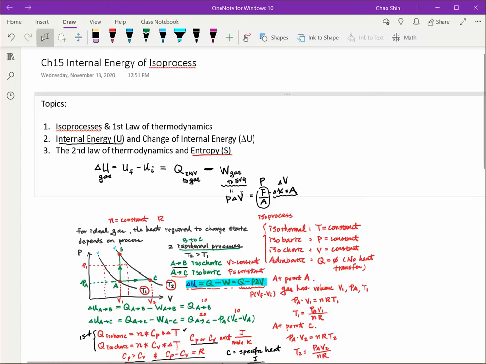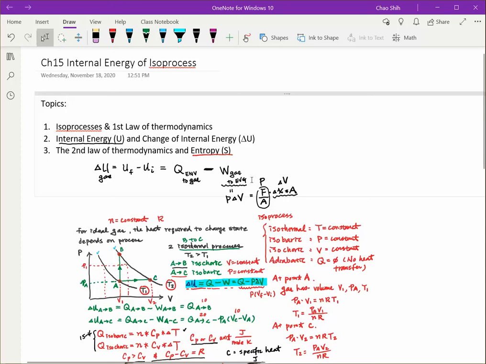Now the thing I want to emphasize before we actually do some examples is the subscript. Again, the subscript is important because it determines where the heat flows in and out, or the work is done by certain things on other things. If you write this as negative, Q minus W, this minus represents the work done by the gas on the environment.